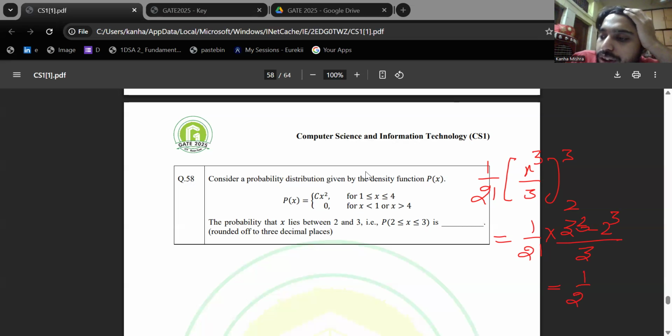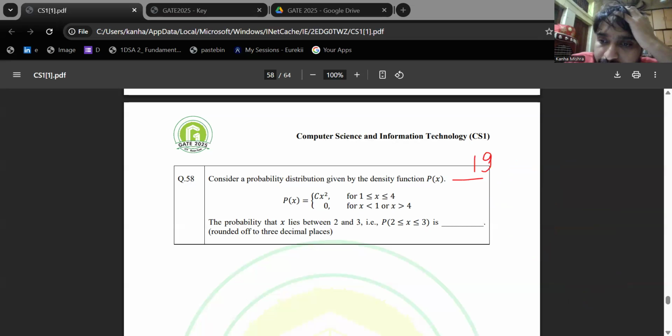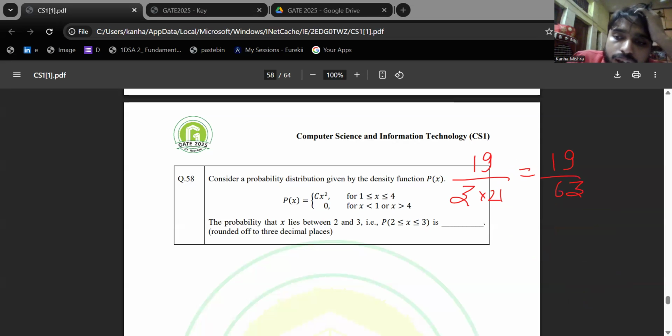So 1 upon 21 into 19 by 3, which comes out to be 19 by 63.